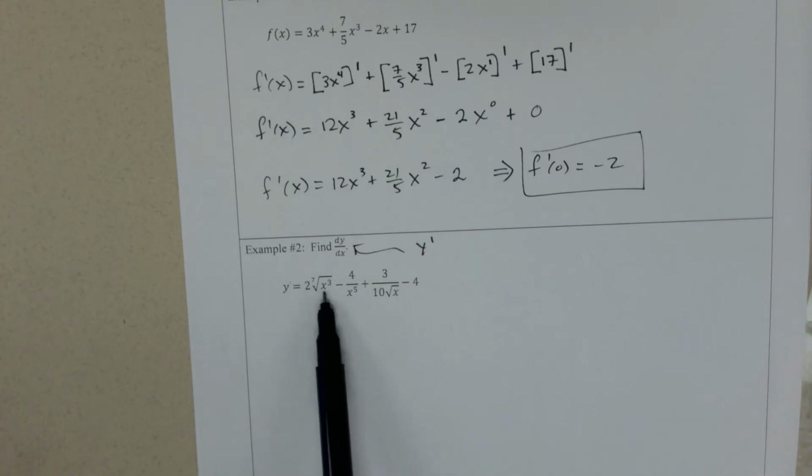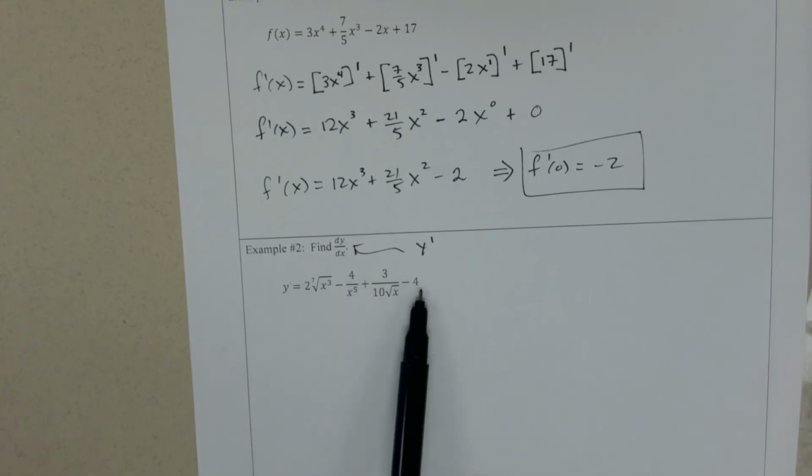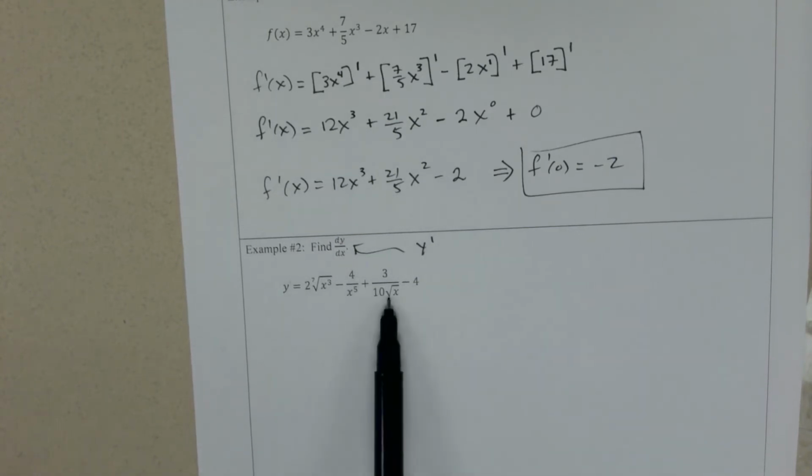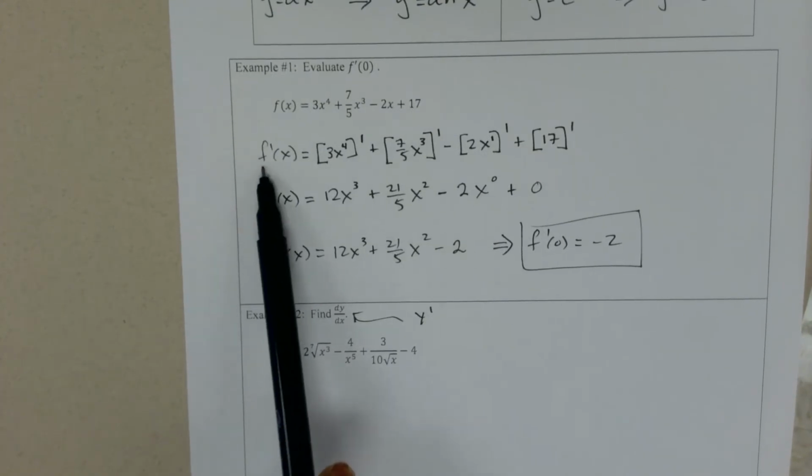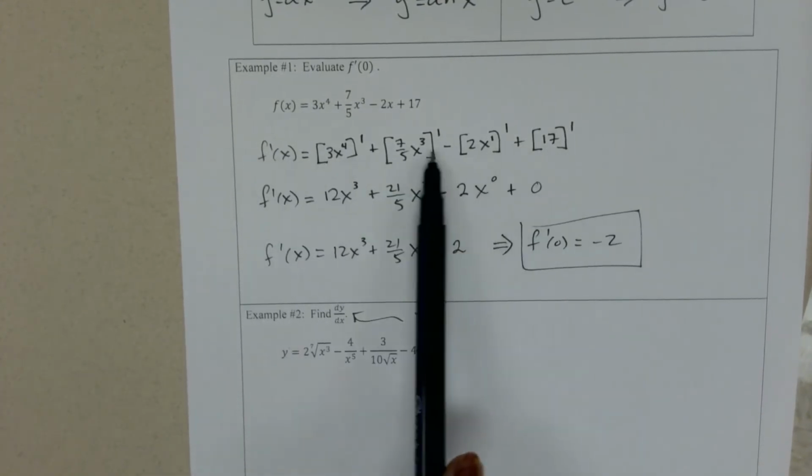And I look and I see 1, 2, 3, 4 terms. The last term is a constant term, so I know when I take the derivative of that last term, it's going to be 0. But these other 3 terms, in order to use power rule, I need them to be able to form ax to the n. So the very first step is not taking the derivative. I'm not going to do this first.